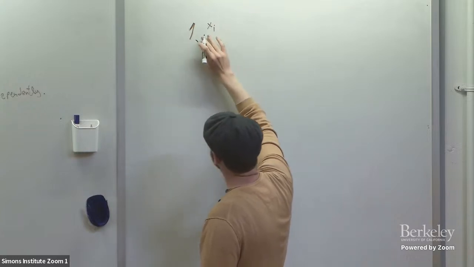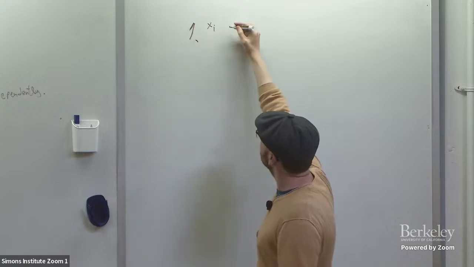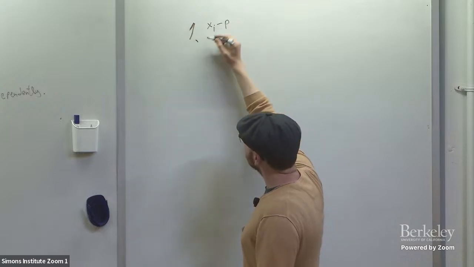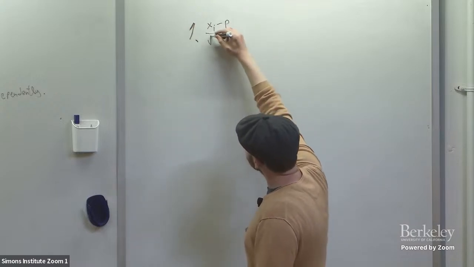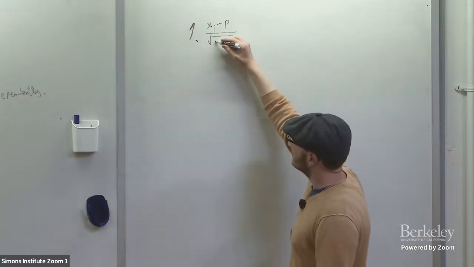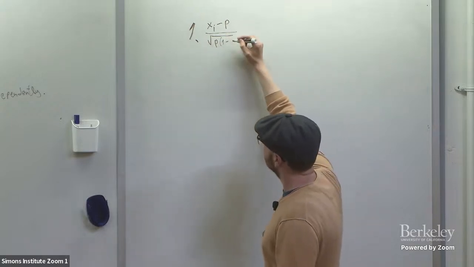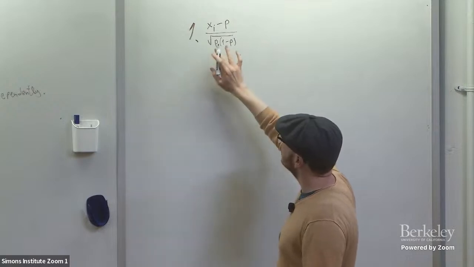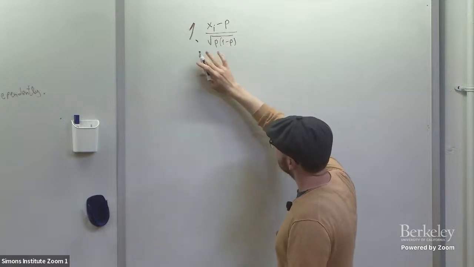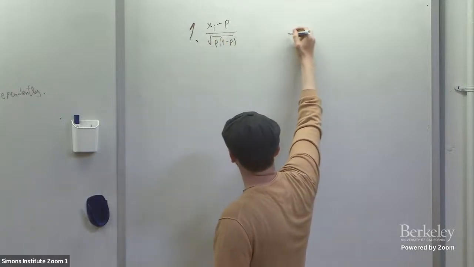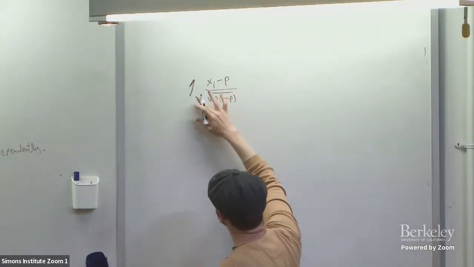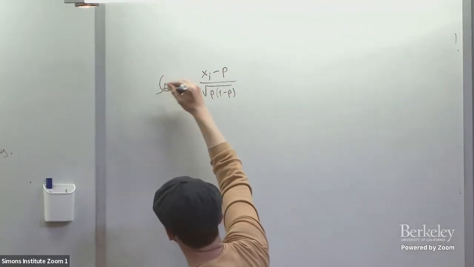So basically we can take the dictator x_i, make its expectation 0, and then normalize, so it will have norm 1. That's a basis for {0, 1}. This is called chi_i.